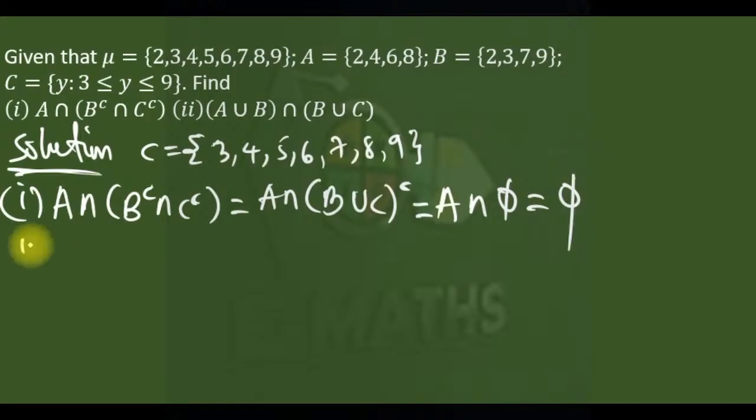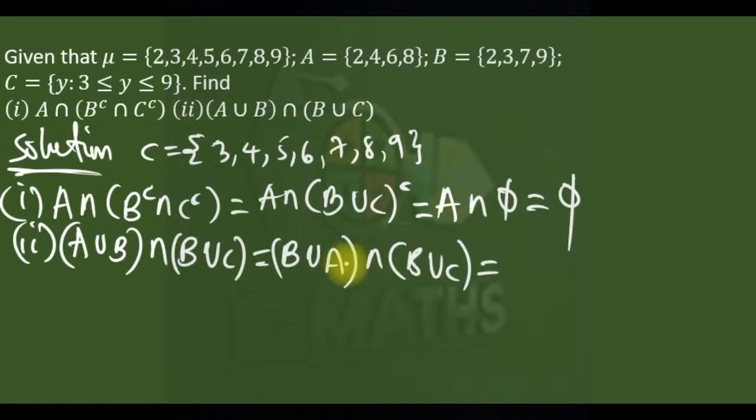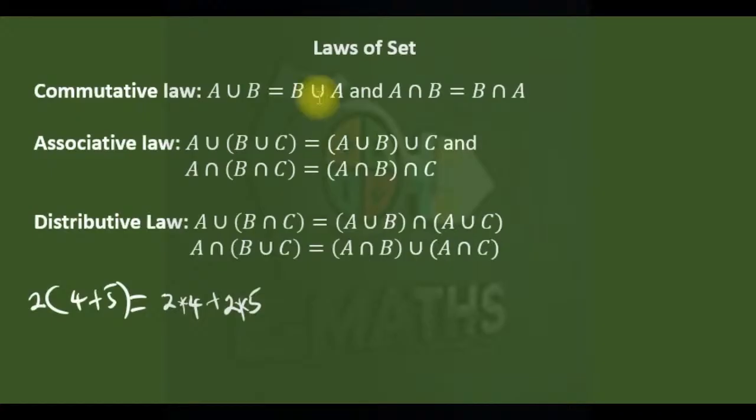Now the second one. We're asked to find A union B intersection B union C. You can see this is equal to, because B is common in both, using the commutative law, A union B is the same as B union A. So B union A intersection B union C. Yes, they are the same.